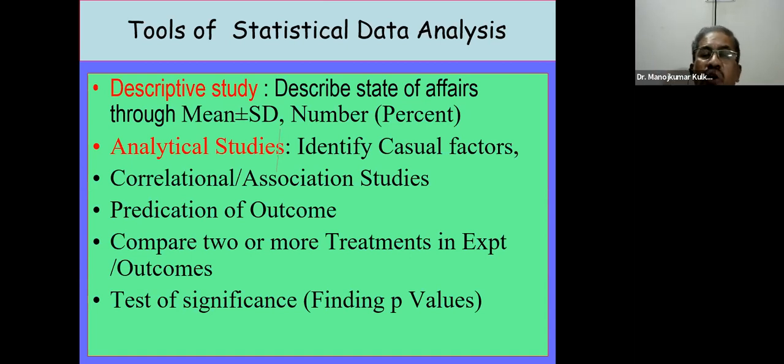We can compare two or more outcomes of treatment in experimental studies. We can go for testing of hypothesis, that is, when we are comparing the outcomes of two or more groups, whether the difference is due to chance or not. That is testing of significance or test of hypothesis. So you should be very clear about what type of study you are conducting. What is your study design? The study design is also important.